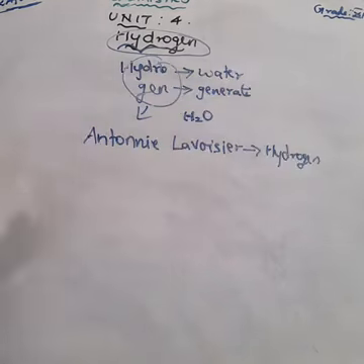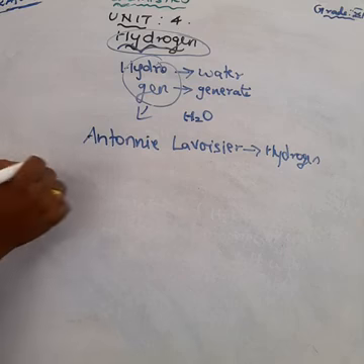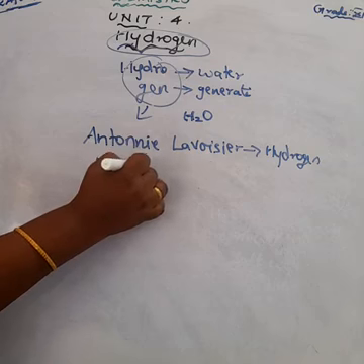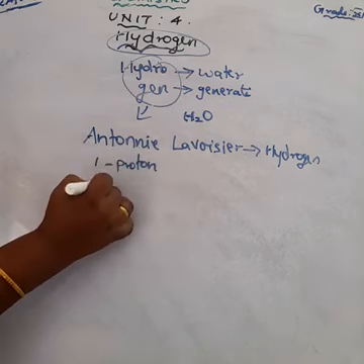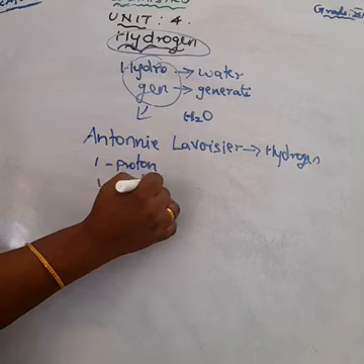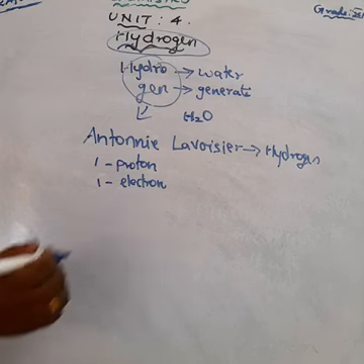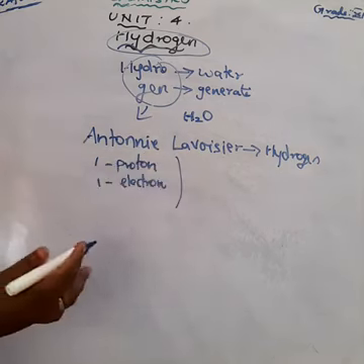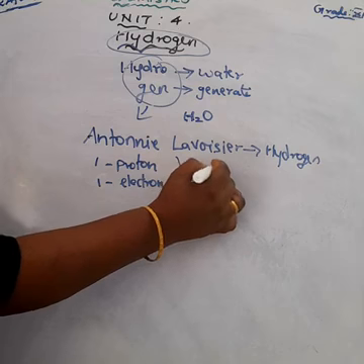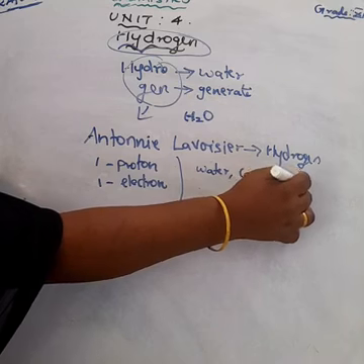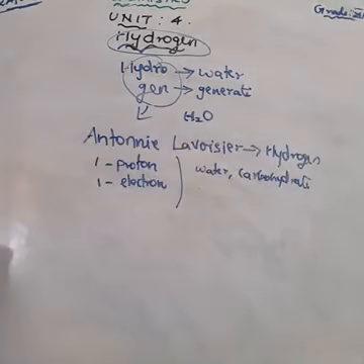Hydrogen is one of the simplest atoms, which contains one proton and one electron. It is present in most of the compounds we come across in our daily life, such as water, carbohydrates, proteins, etc. Hydrogen has an unpaired electron.